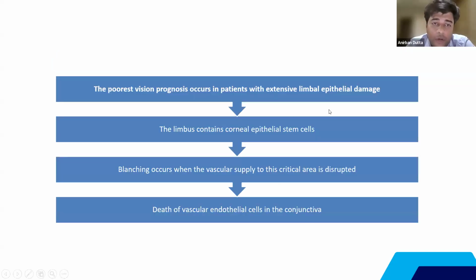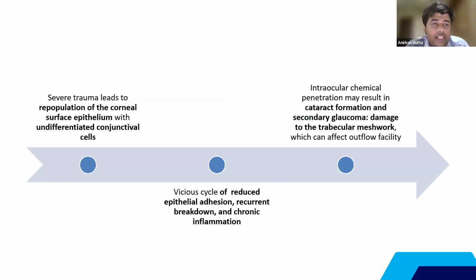The poorest visual prognosis occurs in patients with extensive limbal epithelial damage. I will be explaining this later. The reason this happens is because the limbus contains corneal epithelial stem cells, and blanching occurs when the vascular supply to this critical area is disrupted due to a chemical injury. There will be death of vascular endothelial cells in the conjunctiva, and eventually this can lead to limbal stem cell deficiency.